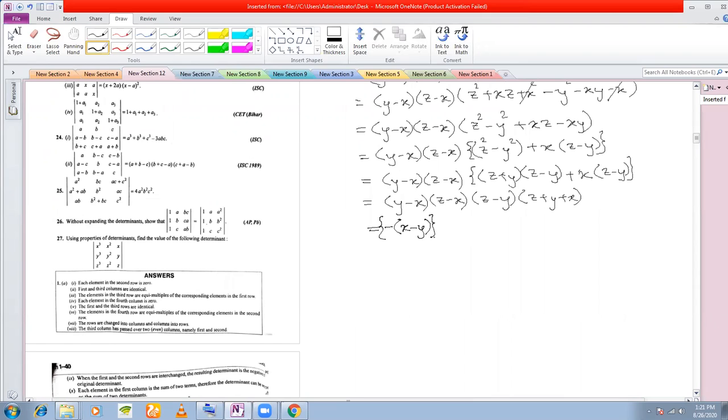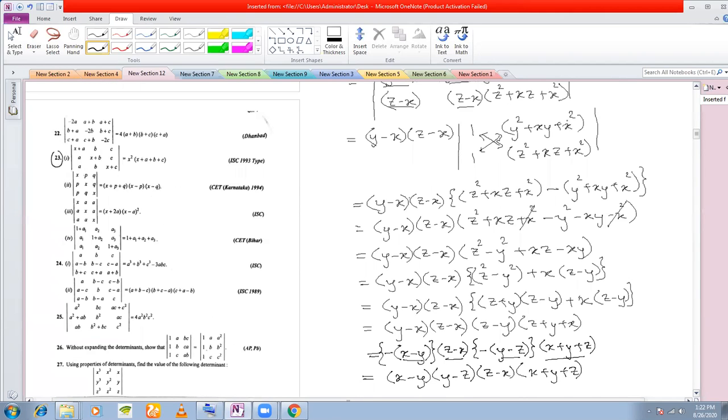Then y minus z, and z minus x is already there. This is okay. And you can write this as x plus y plus z. So now these two minus minus combine to get a plus. So you simply get x minus y into y minus z into z minus x into x plus y plus z. We've got it. So easy one, this.